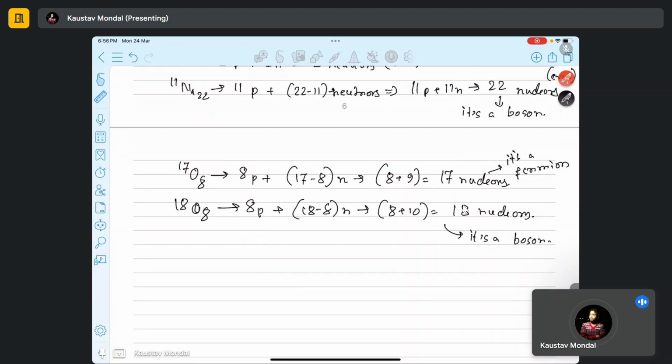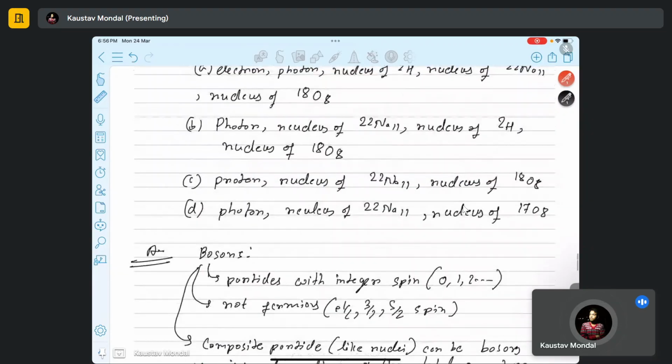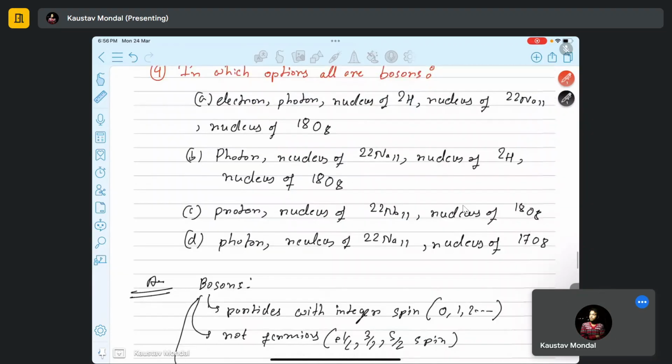Now from the answer we have to take out the possible correct answers. If this is discarded because 17O is a fermion, so option D is discarded. Option C, proton, neutron.